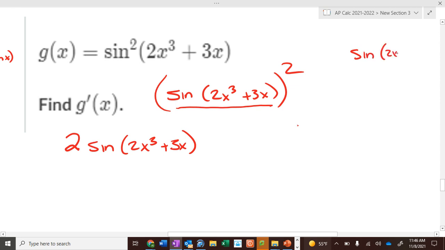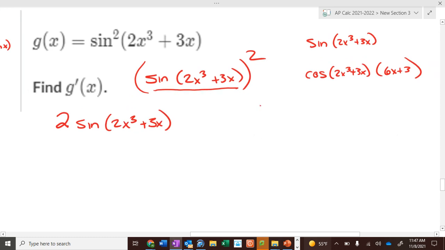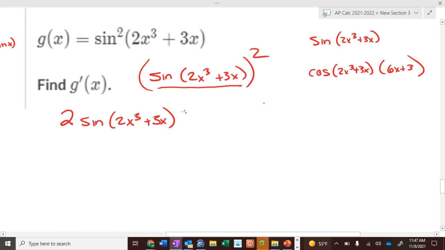So the sine of 2x cubed plus 3x, the first derivative of that is cosine of 2x cubed plus 3x times the first derivative of its inside, 6x plus 3. So you take all that times the cosine of 2x cubed plus 3x times 6x plus 3.